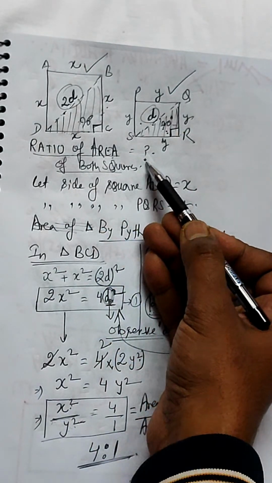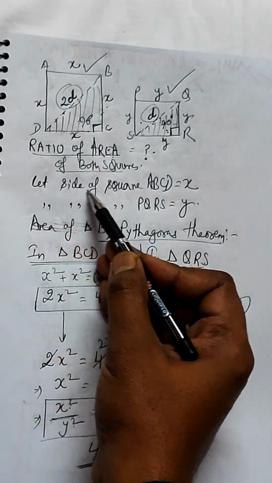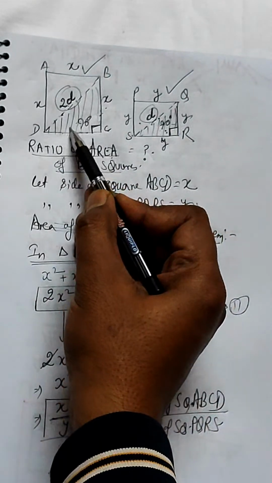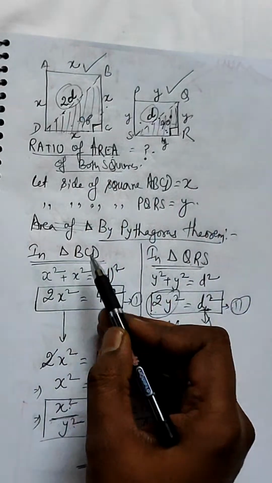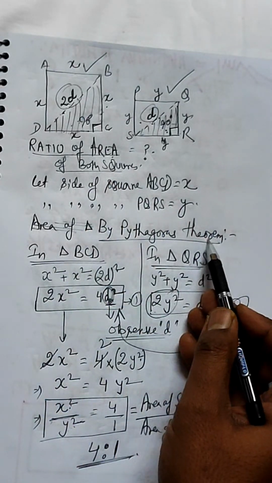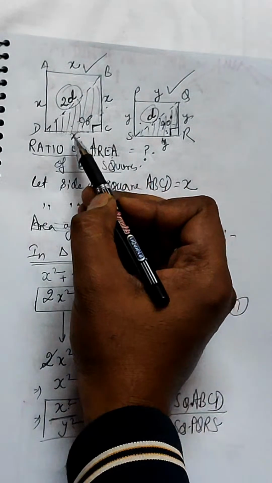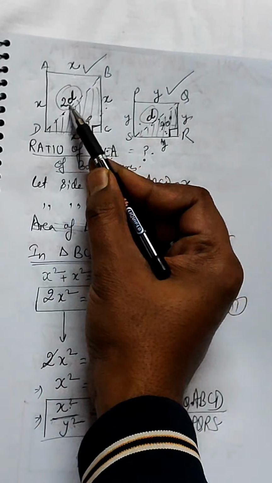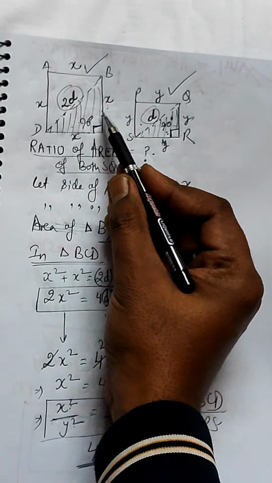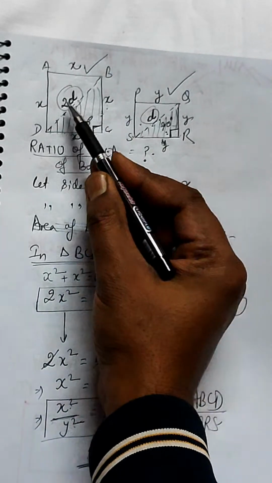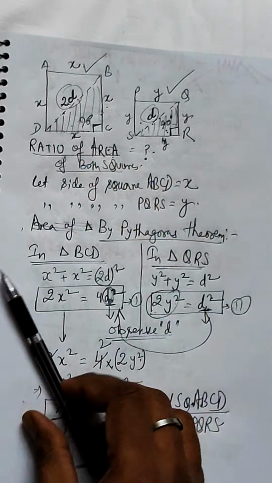So what we did, we just assumed the side of this square as x and the side of the other square as y. Now by Pythagoras theorem, x square plus x square equal to 2d whole square. That is base square plus perpendicular square is equal to diagonal square, right?